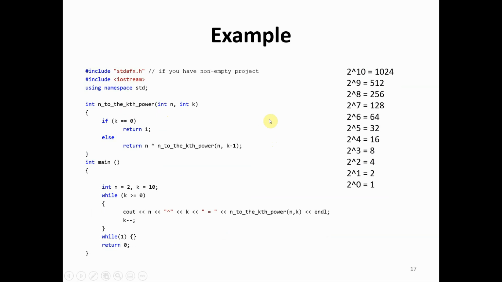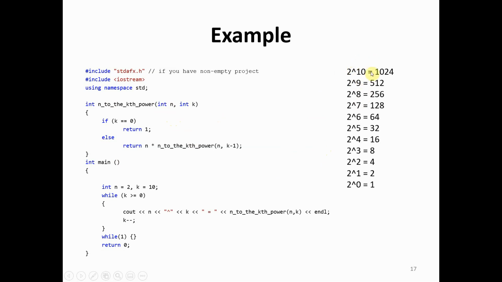Another example we see here is that we try to implement the power function, raising n to power k. Again, you can do this using a for loop or a while loop. It's possible to do it using a loop, but it is also possible to do it recursively. Let's say n is 2 and k is 10.